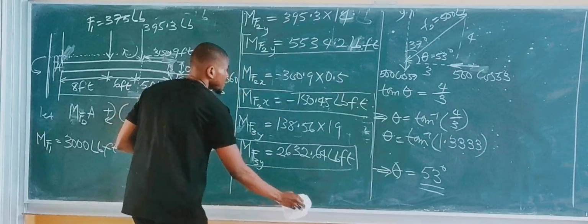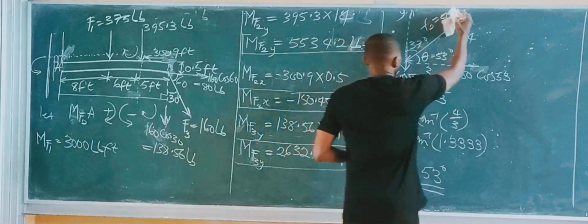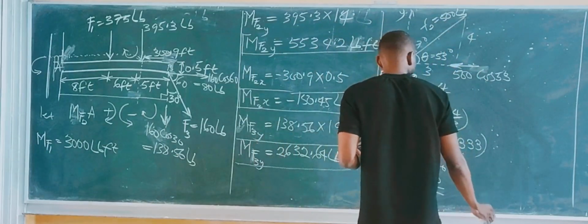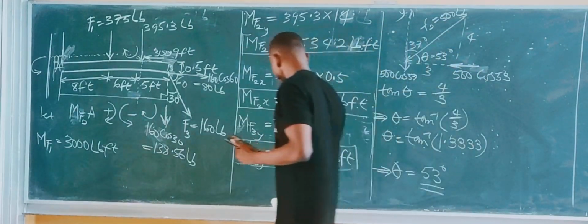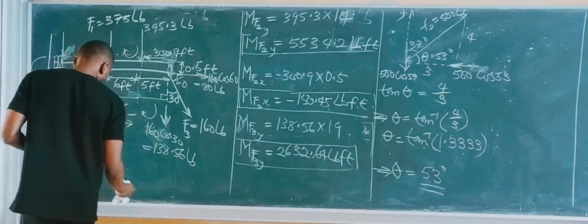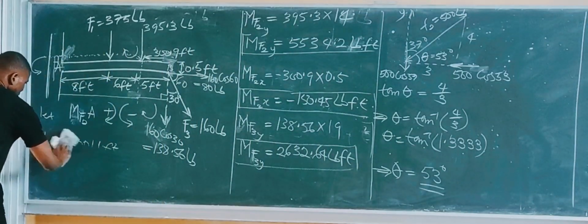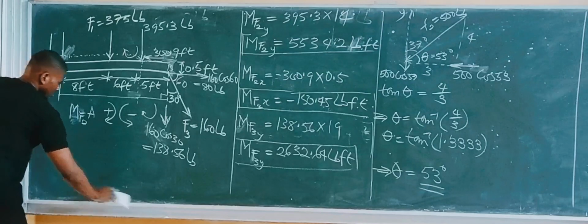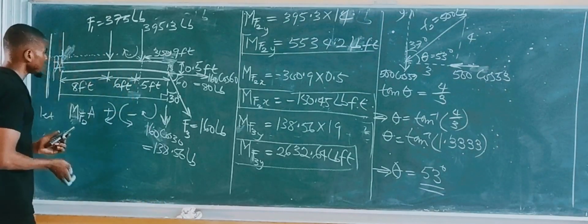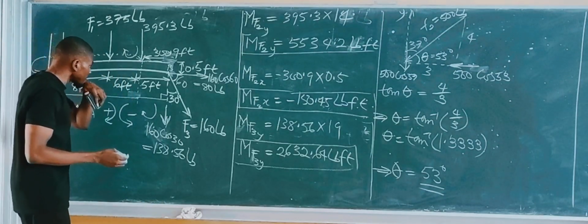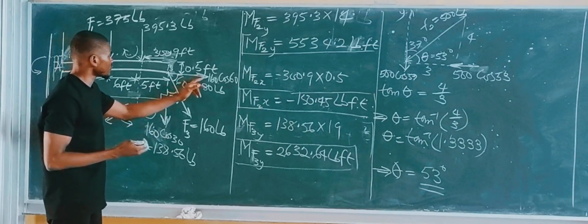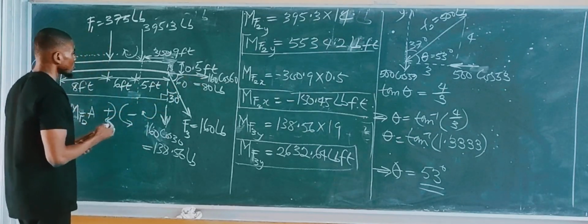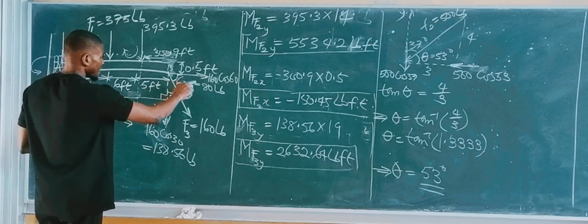Next, find the moment of the horizontal force about that point. Let's do the last one now. Next is to find the moment of this force about point A. This force is moving to the right.